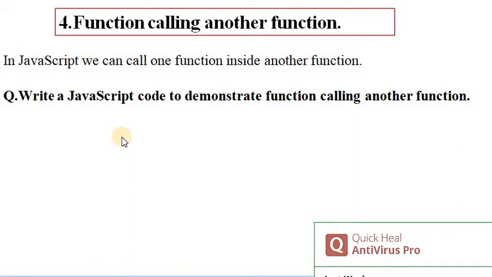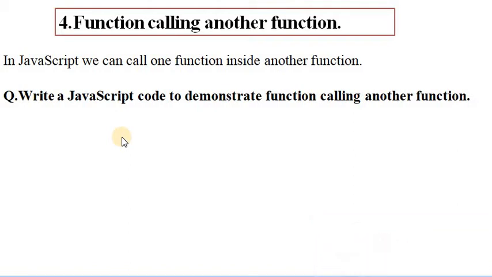In JavaScript, we can call a function either from a specific event or from another function also. Let us see an example of how to call a function from another function.